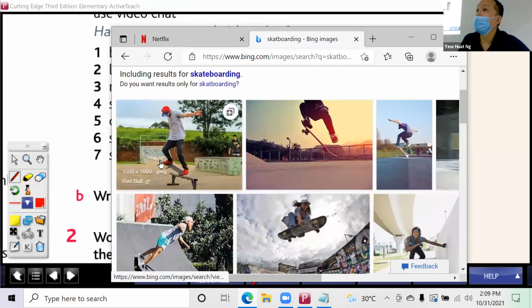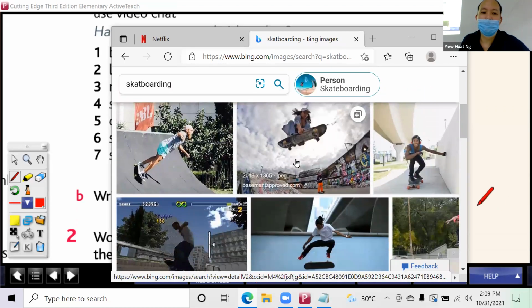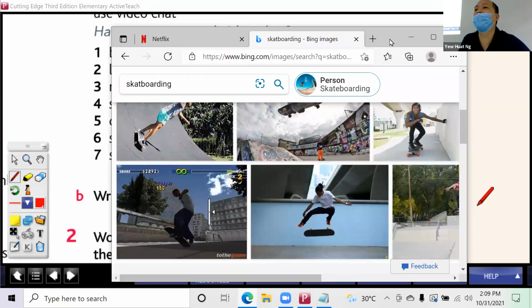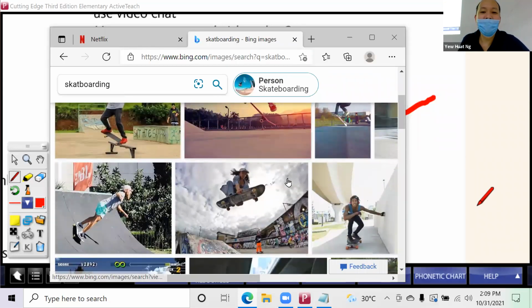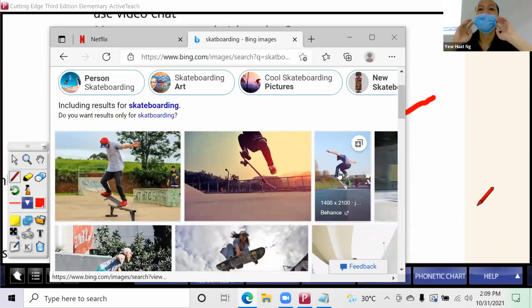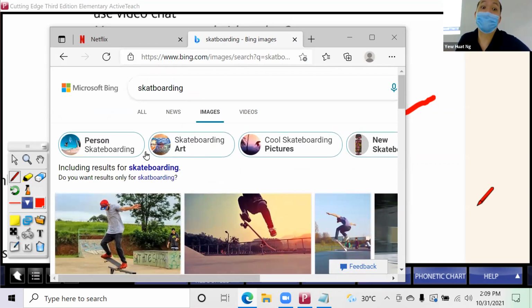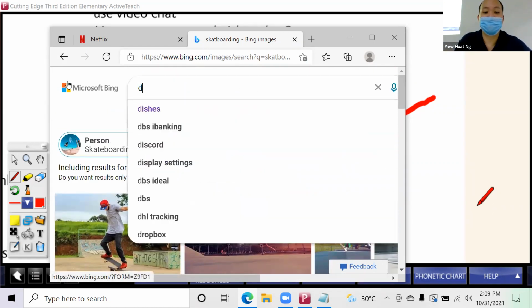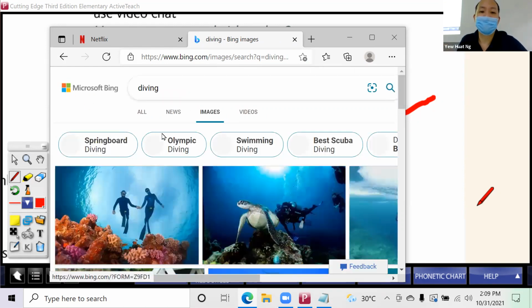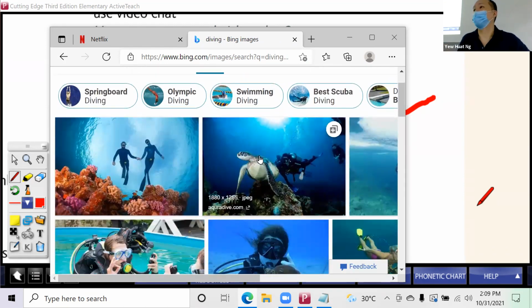This? Dangerous? No, it's not. Okay, it's not dangerous. Have you? Diving. Oh, yes, it's diving. Yes, diving is dangerous. That one is definitely dangerous.